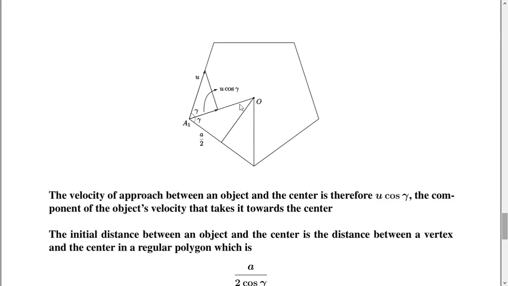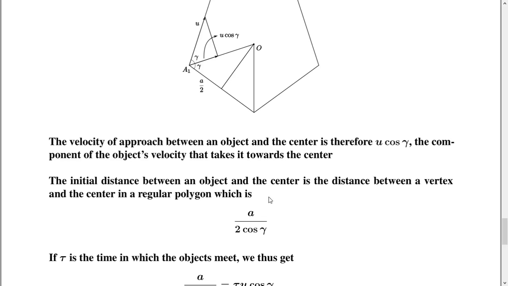And what is this distance OA1? a is the side length of the regular polygon, and therefore this is a by 2, and this angle is gamma, and therefore OA1 is nothing but a by 2 divided by cos gamma, that is a by 2 cos gamma. So we know the original distance between the object and the center, and we also know the velocity of approach, that is u cos gamma.